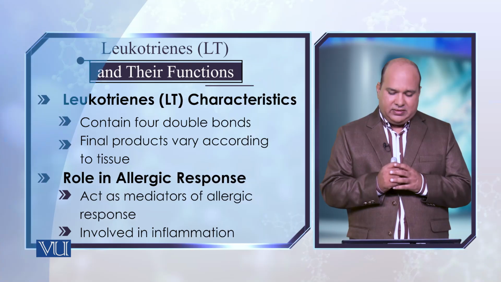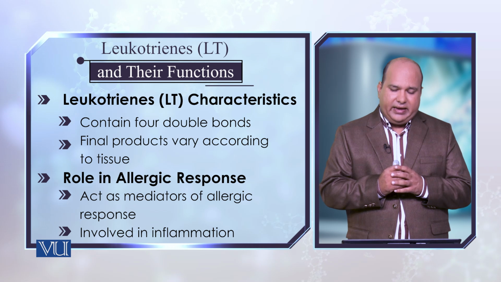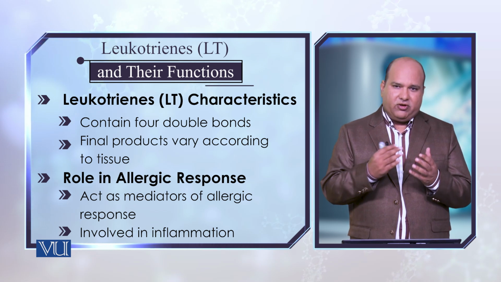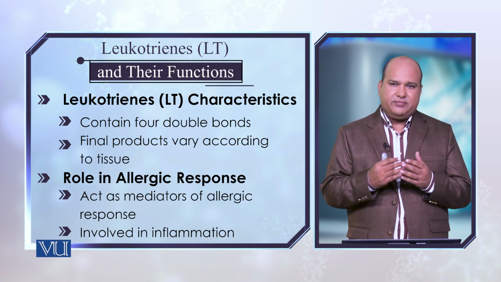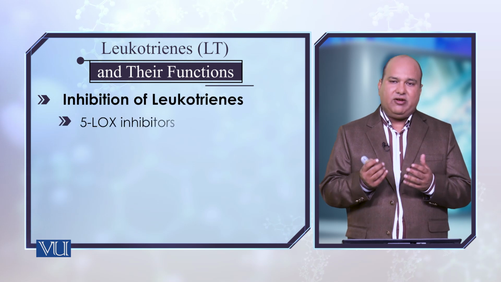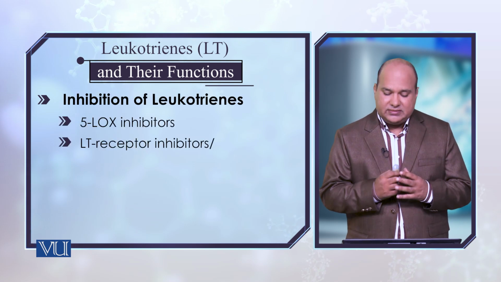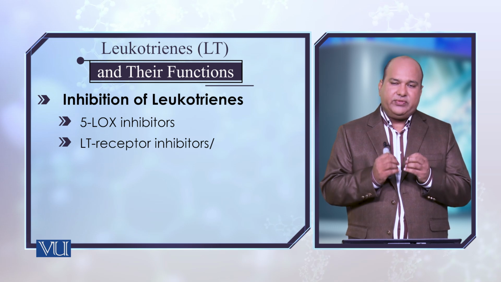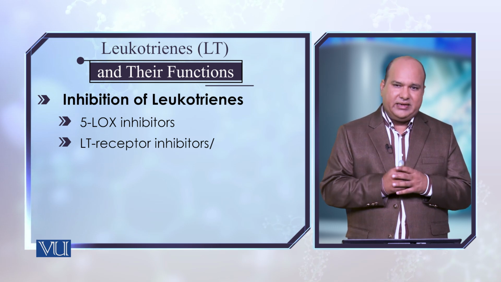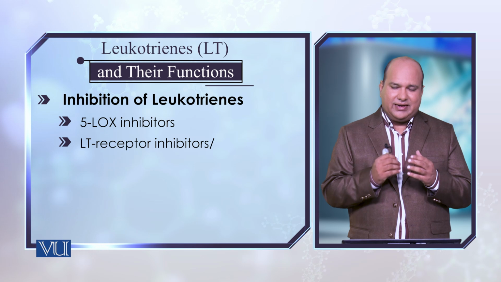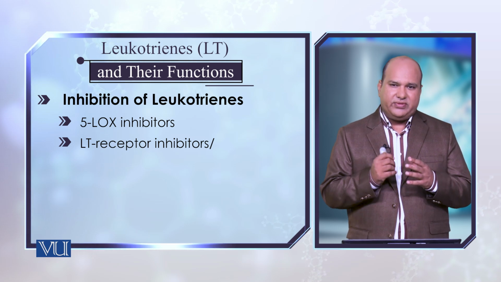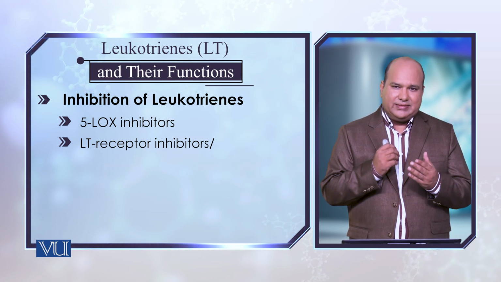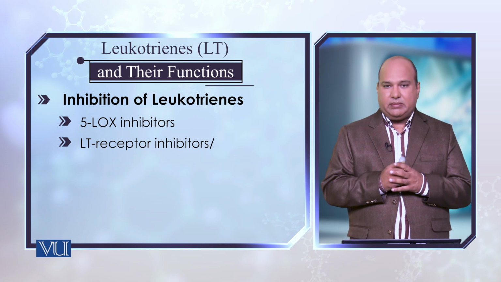The enzymes involved in their synthesis are known as LOX, so their synthesis is inhibited by LOX inhibitors. Also, if the receptors of the leukotrienes are inhibited, that also leads to inhibition of the action of these lipid compounds.